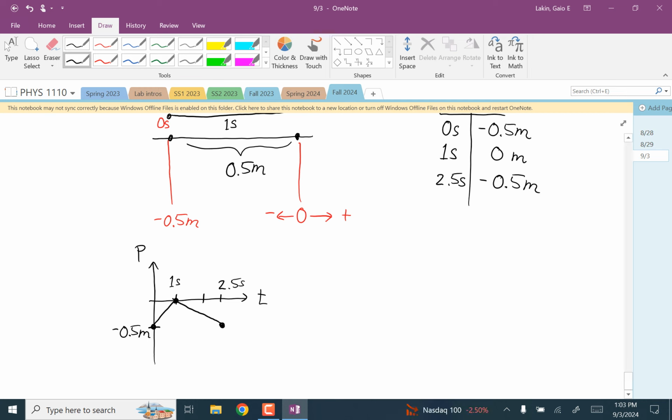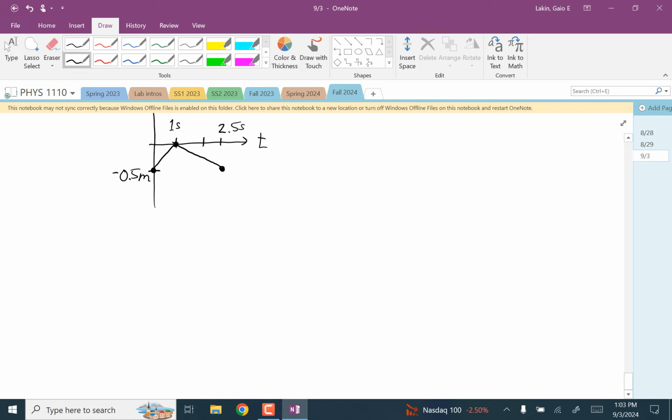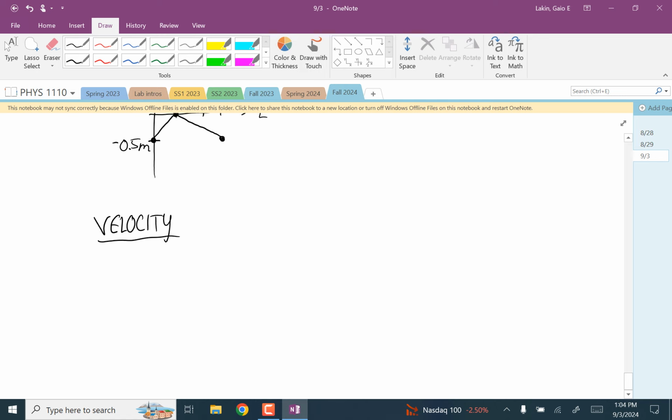Okay. The next stuff we're going to get into is defining velocity and acceleration. And the meaning of velocity is it measures how quickly the position is changing.